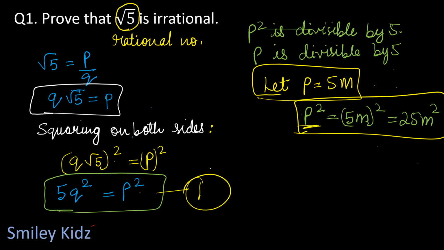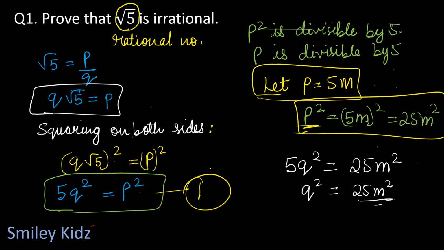Substituting P square in equation number 1 gives 5Q square is equal to 25m square. Now, if I send the 5 to the other side, it becomes 25m square upon 5, which gives us 5 times 1 and 5 times 5, isn't it? That will result in Q square is equal to 5m square.